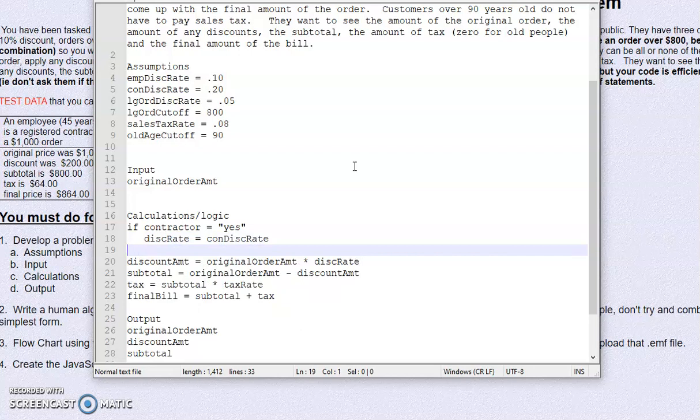So the question is, why did I do contractor first? Well, I did contractor first because that has the highest discount. If this is true, it'll give it the highest rate and not even evaluate the rest.